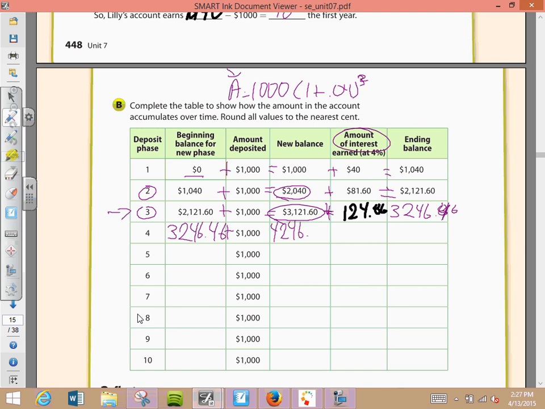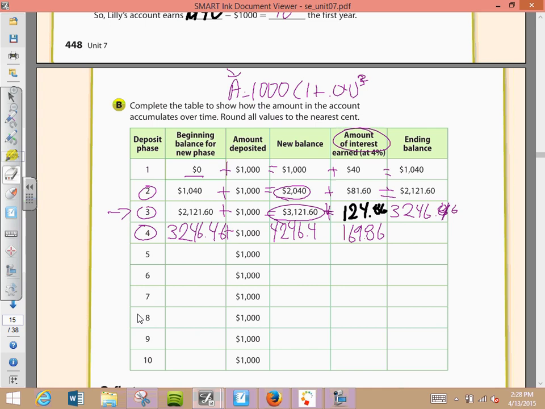We end up with 4,246.46. Now we calculate that using the same thing, 1,000 times that, but now we use 4, right, for the term. And that gives me 1,169.86. But I take away the 1,000, right?